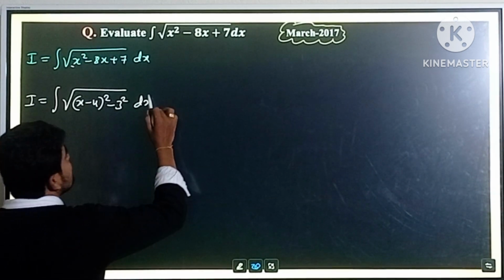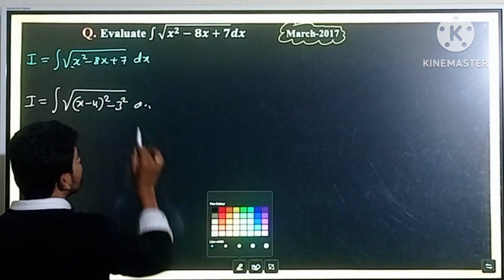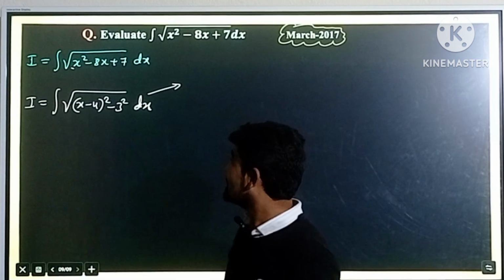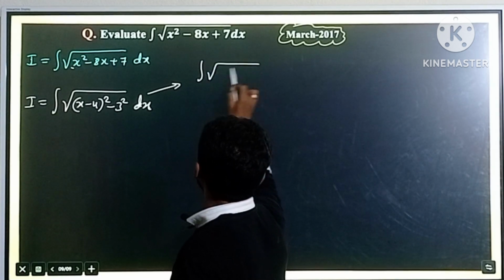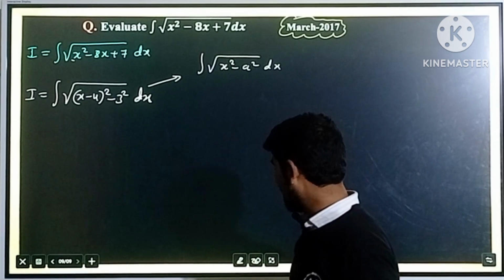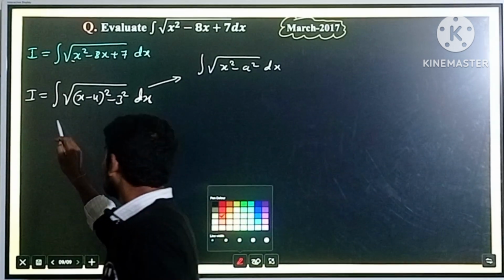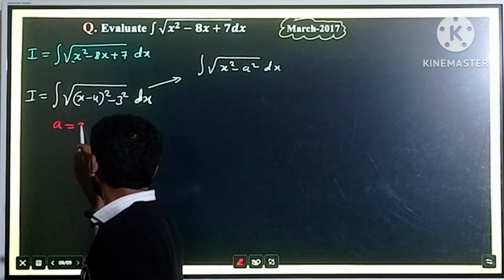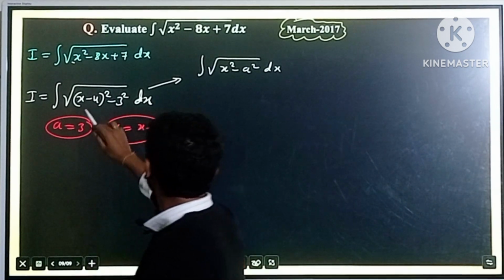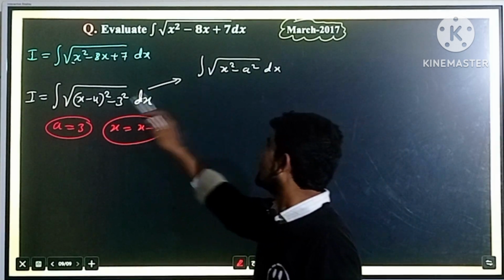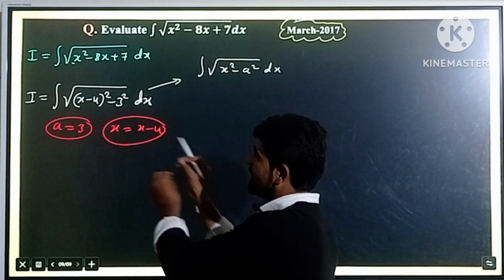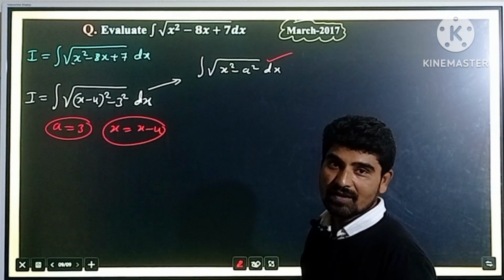We have a standard function in this form: the integration of the square root of x square minus a square with respect to x, where a is 3 and x is x minus 4. Just compare these two forms. Just substitute the values of x and a in the formula.